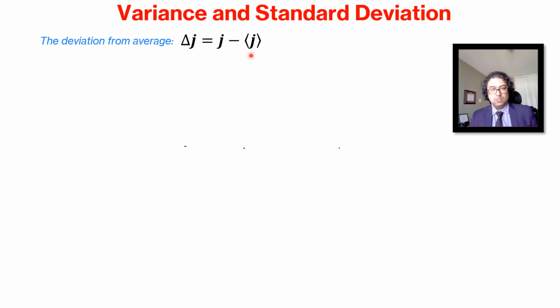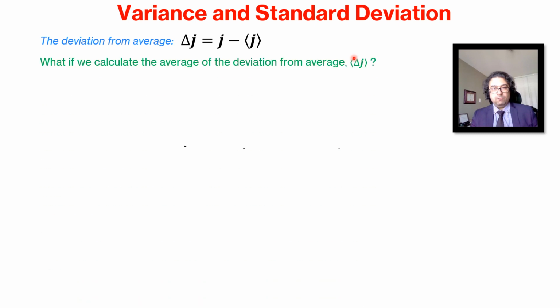That's defined by simply subtracting the average value of the age in a group, or the average value of a probability distribution, from each individual data point. And if I do that, then perhaps I can take the average of this deviation, and that can correspond to the spread of my distribution.